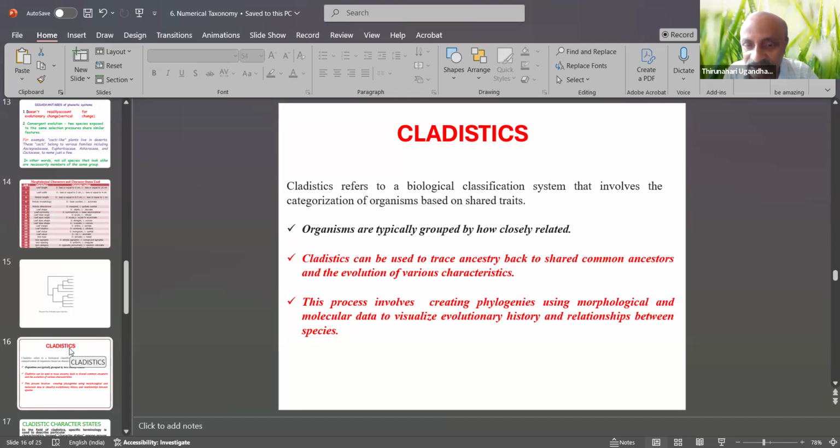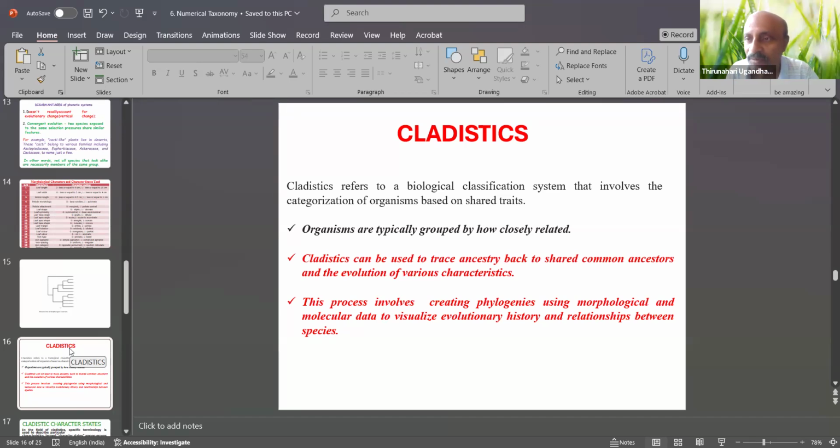This process involves creating phylogenetic trees, evolutionary, using morphological and molecular data. Molecular means the number of chromosomes and the DNA structure, also proteins, lipids and fats, and carbohydrates.